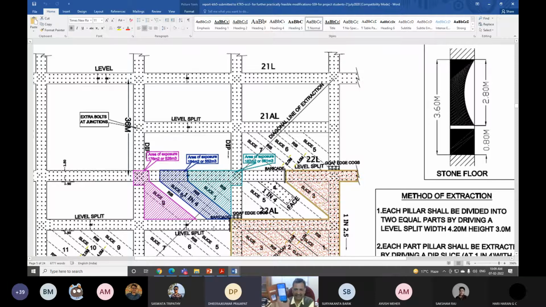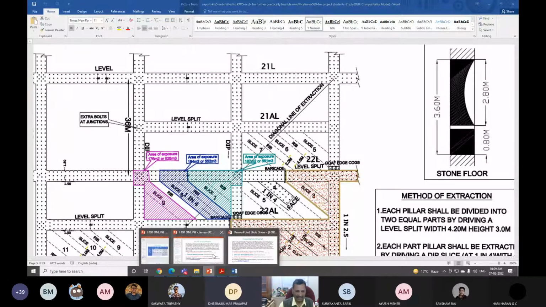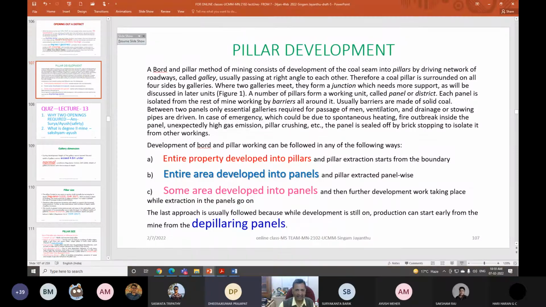Now it is 9:50. 58 of my beloved students have undergone coal mining methods. For this pillar development, as we have seen, the entire area is developed into panels and pillars extracted panel-wise, and I tried to show you how with that example. Then some areas are developed into panels, and further development work takes place while extraction in other panels goes on.